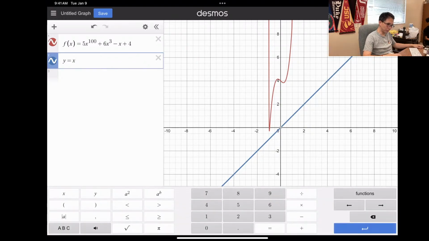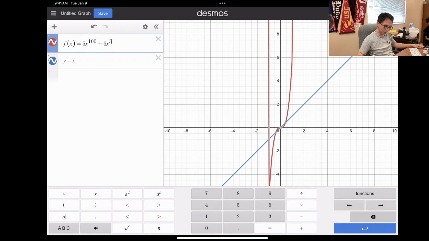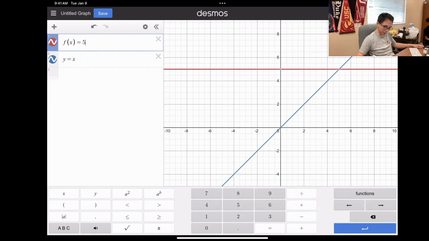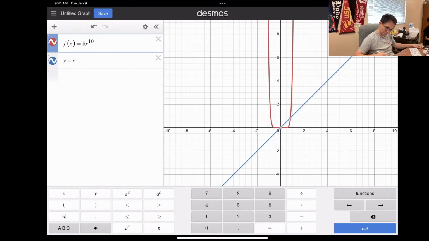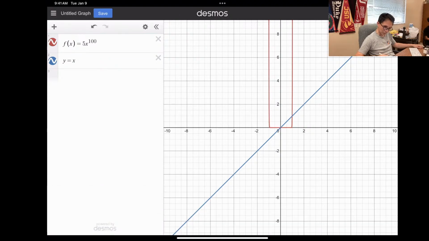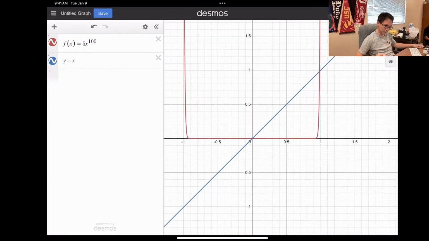Right? So, by the way, most of you guys have probably never seen this, but I'll show you. 5x to the 100 power doesn't look like this. It looks like a parabola, but it's extremely flat.